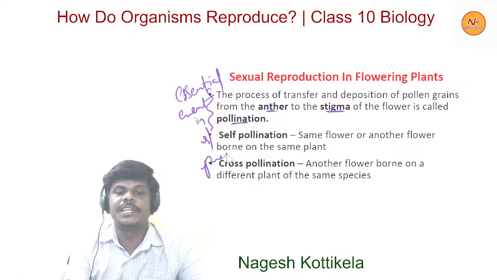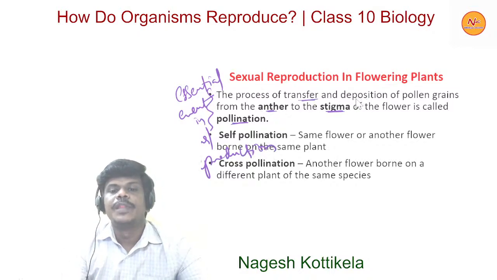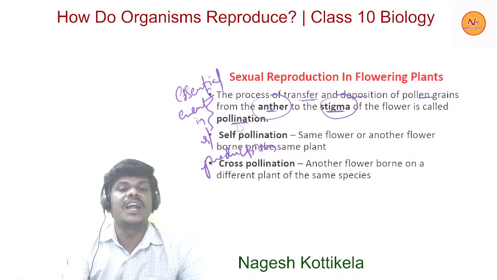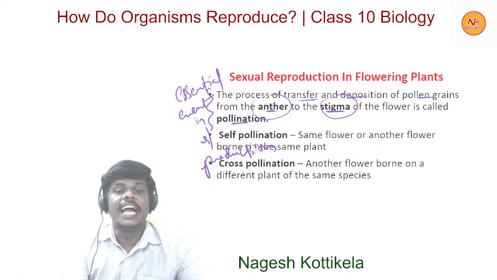Okay, I repeat this once again. The transfer and deposition of pollen grains from anther to stigma of a flower is called pollination, and it is an essential event in the sexual reproduction of seed bearing plants.